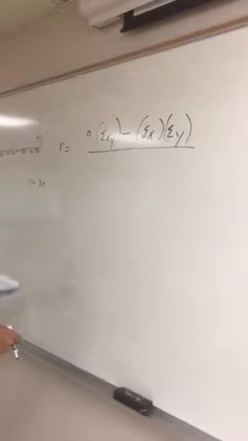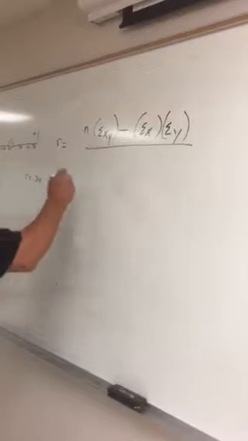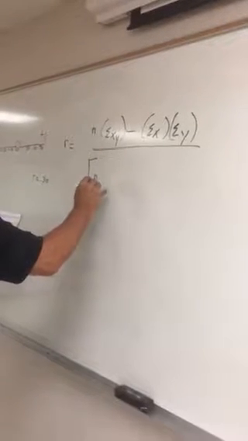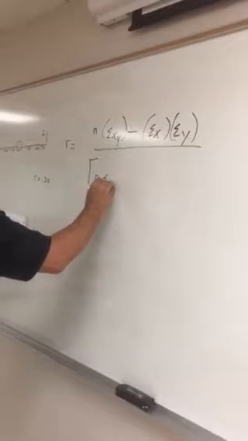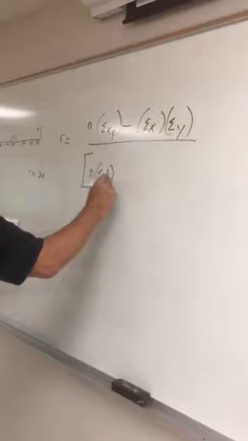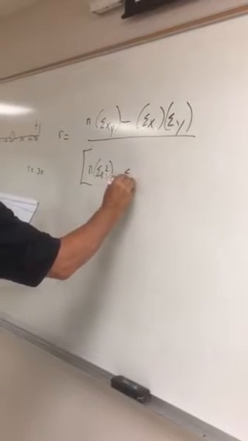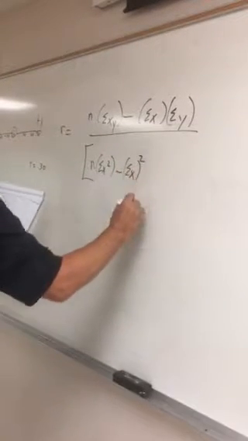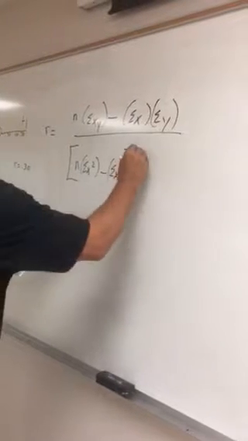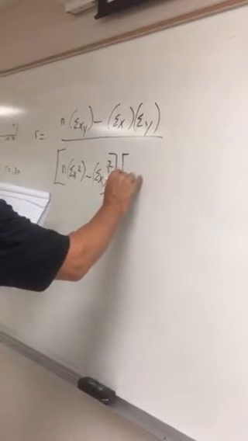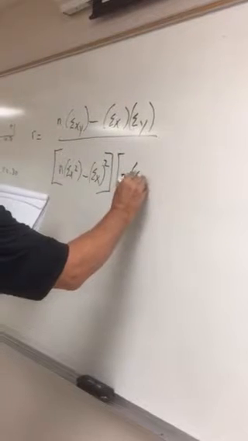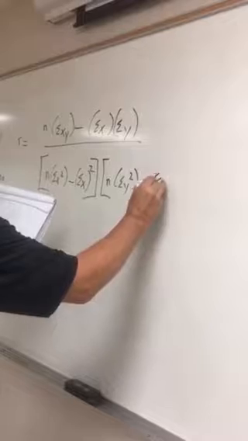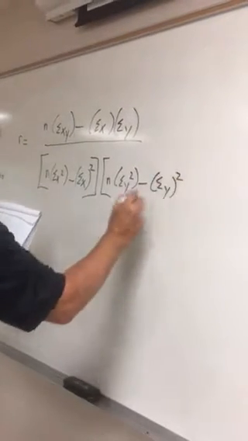So let me go ahead and put the second part of this down. I'm going to be looking for n times the sum of x squared minus the sum of x quantity squared, multiplied by n times the sum of y squared minus the sum of y quantity squared.